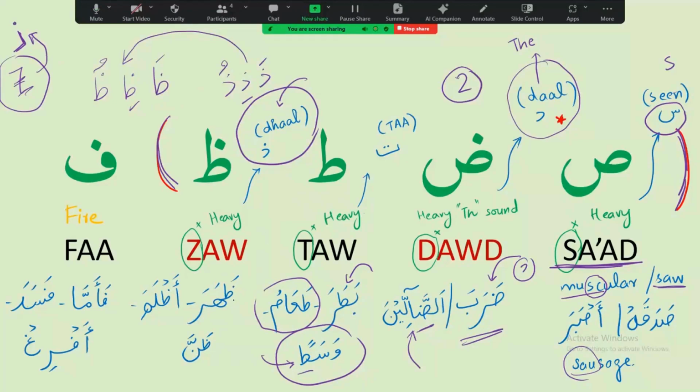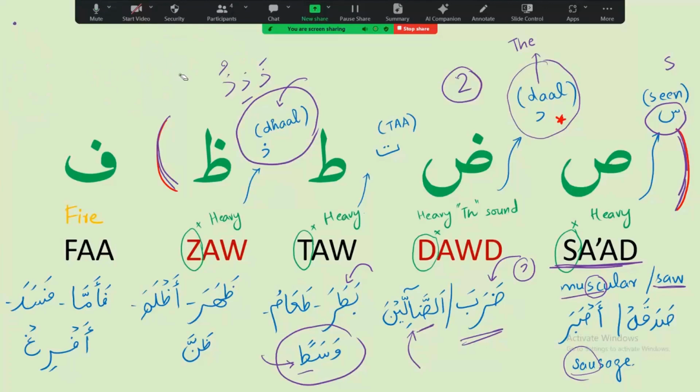Let's see the example here as well, which is zahr. Okay, let me just encircle this as well. Okay, so the example is zahr. For the letter at the start, we will not make the light sound of the letter. Rather, we will try to make it heavy and say zahr.